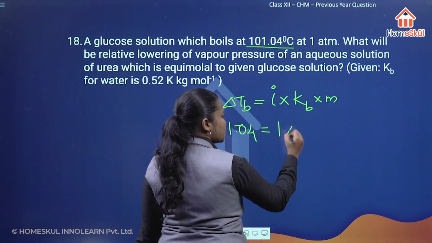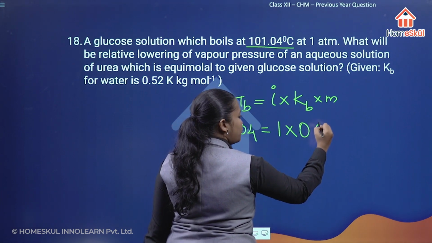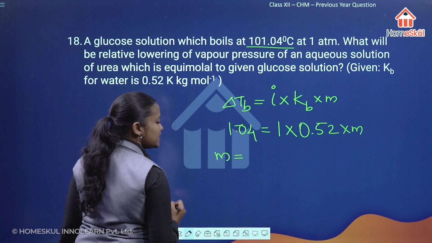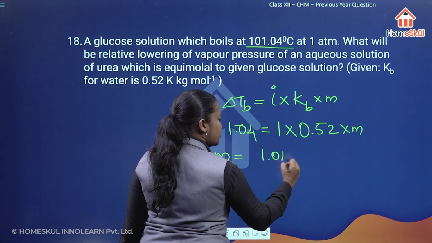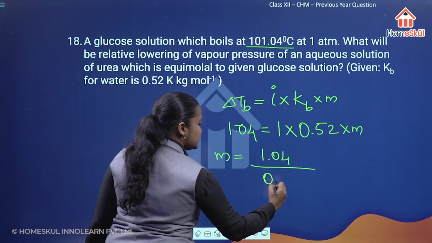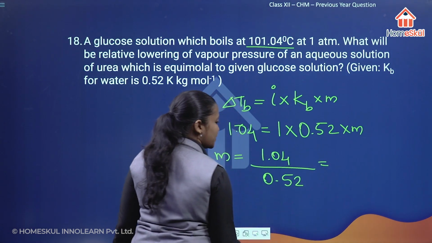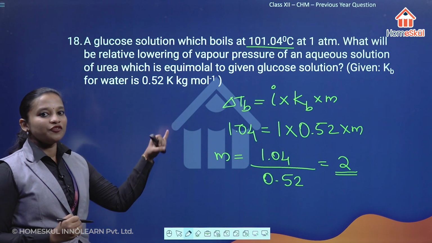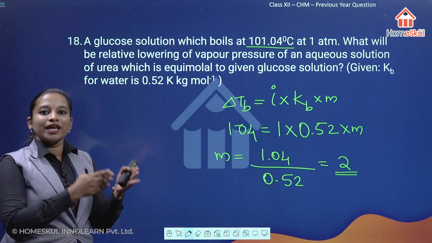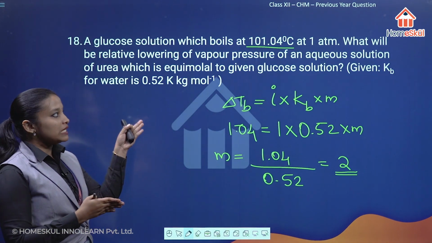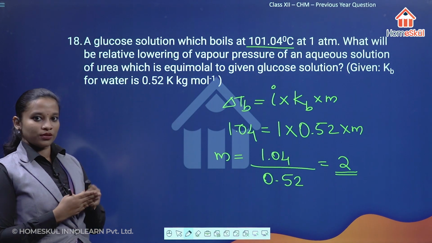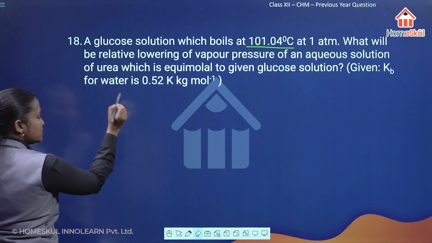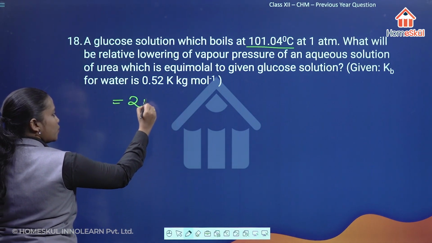So, 1 into Kb, which is 0.52, into m. From this data, m is equal to 1.04 divided by 0.52, which will be equal to 2. So the molality of the glucose solution is 2, and the same is the case for urea, which is equimolar with the glucose solution. So the molality of the urea solution is also 2 molal.